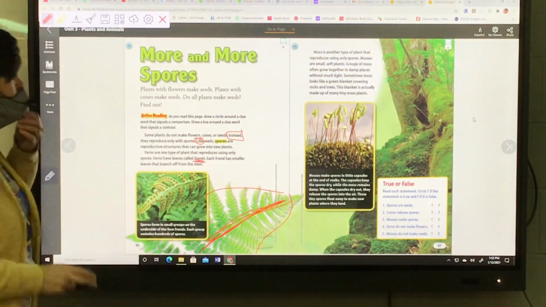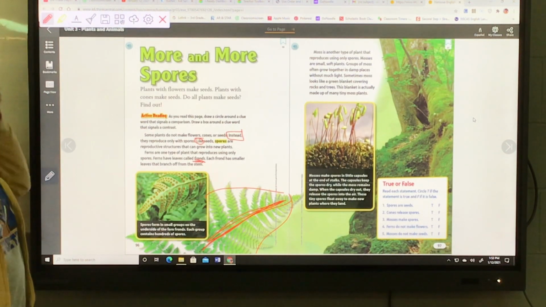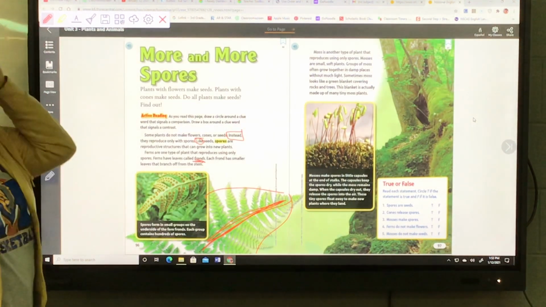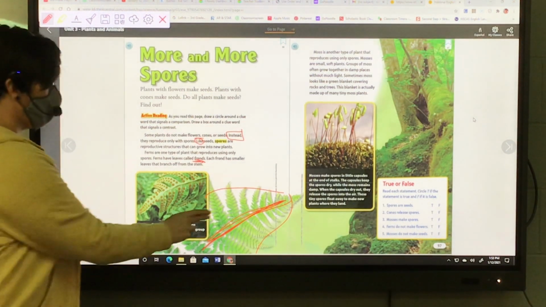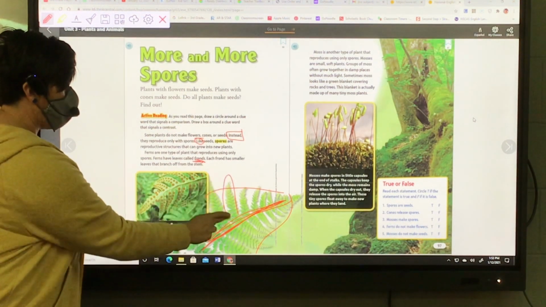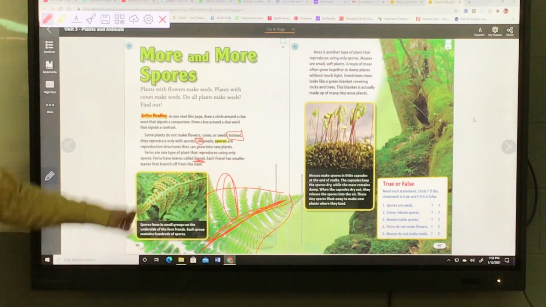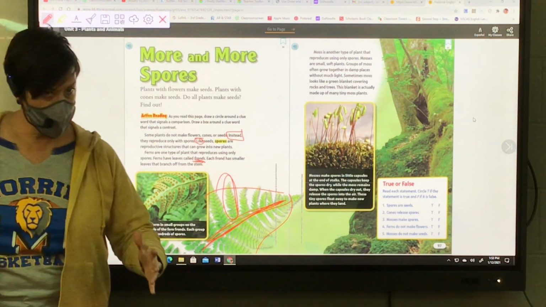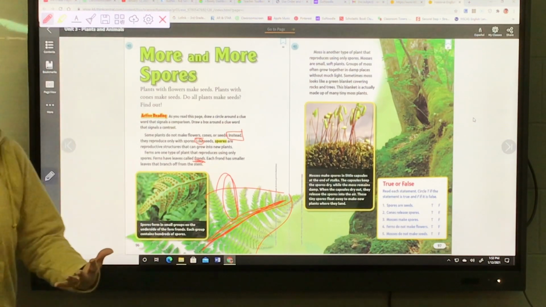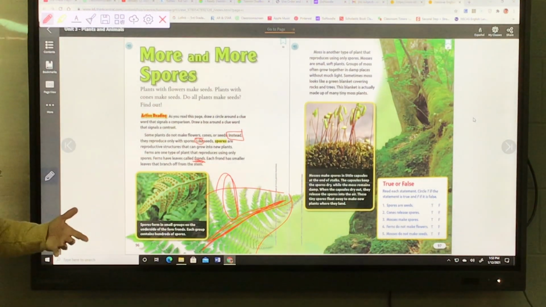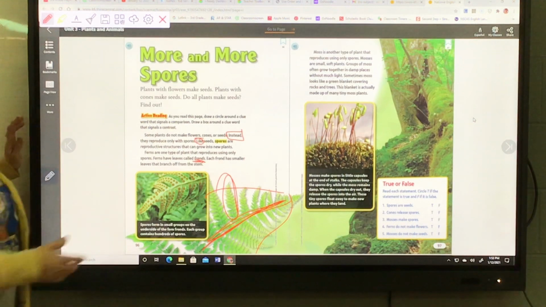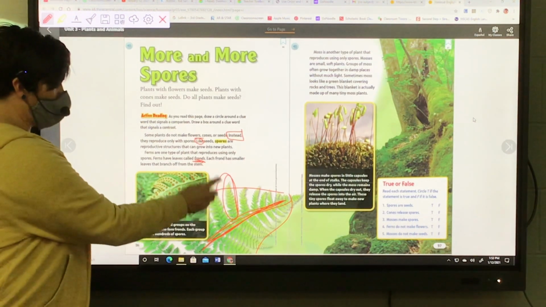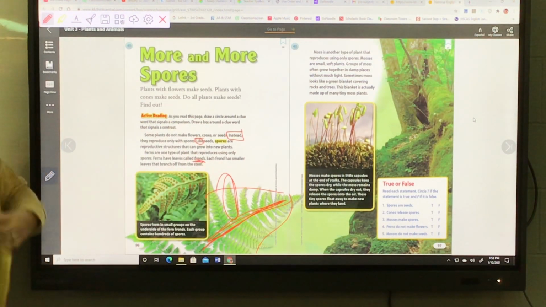Excuse me, my mask is driving me bonkers. This here, okay, ferns have leaves called what? Fronds. Those are the fronds. Each frond has leaves that branch off from the stem.